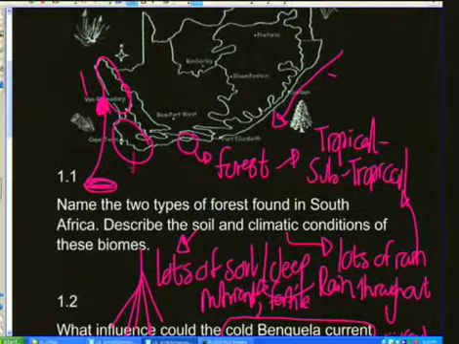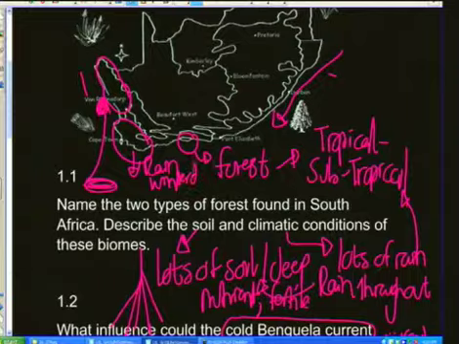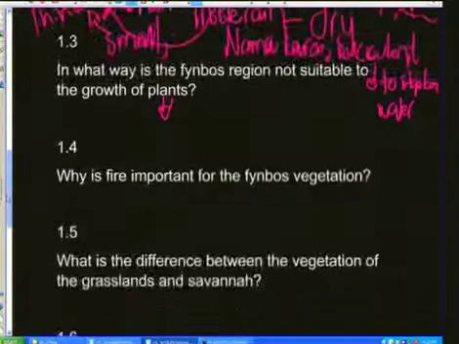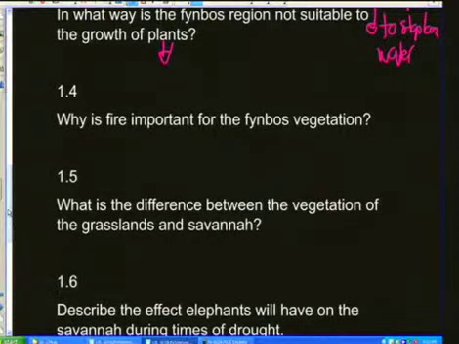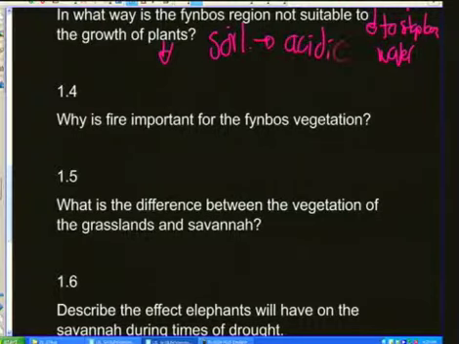Does it get rain? Yes, it does, mostly winter rainfall. So the lack of rain cannot be the reason why it's not suitable. So what can my other option be? It has to be the soil. The soil in my fynbos is very acidic, and because of that it's not very conducive to plants growing.